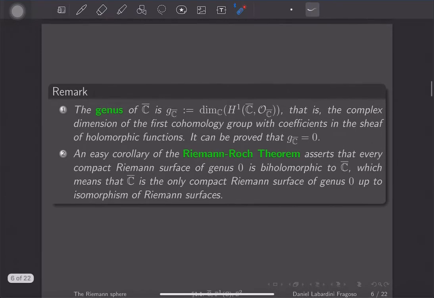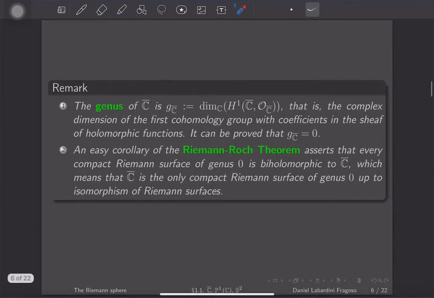Okay, so something a bit more advanced, but I wouldn't want you to panic, is that one can define the genus of this space to be a certain number. It's the dimension of a certain vector space, which is the first cohomology group of this Riemann surface over the sheaf of holomorphic functions.